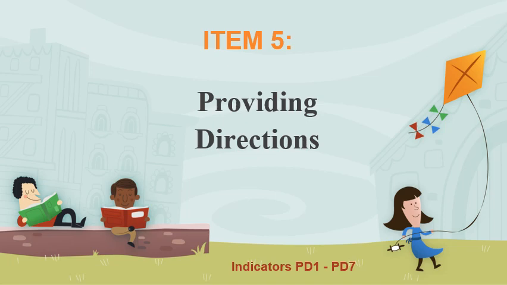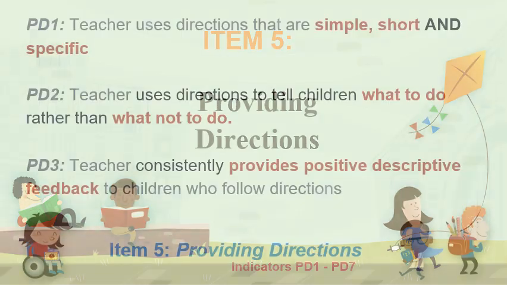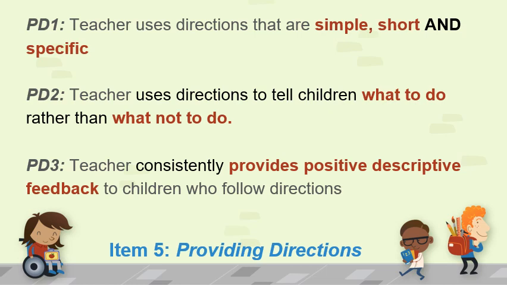Item 5, providing directions. There are 7 indicators for item 5, PD 1 through PD 7. The first indicator, PD 1, is teacher uses directions that are simple, short, and specific.